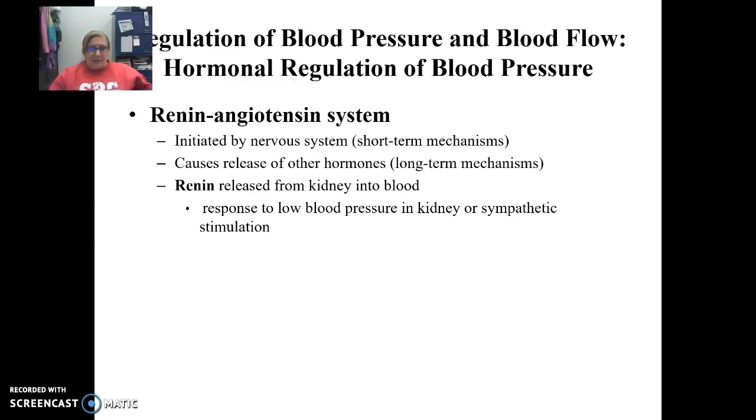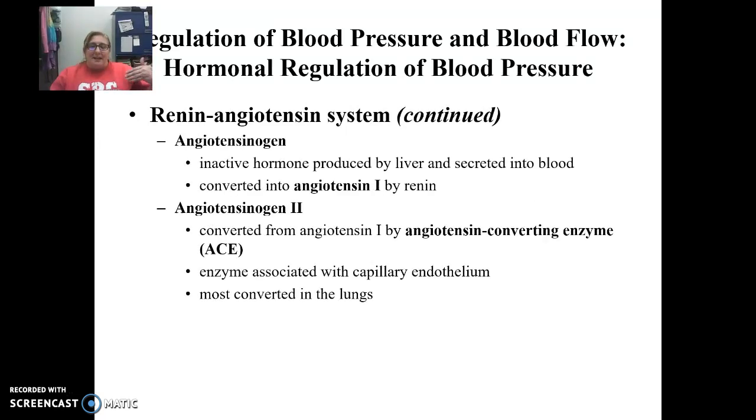Renin is going to move into the blood, and it interacts with an inactive protein hormone that is produced by the liver. So angiotensinogen is produced by the liver, and it floats in our blood just waiting to become activated.